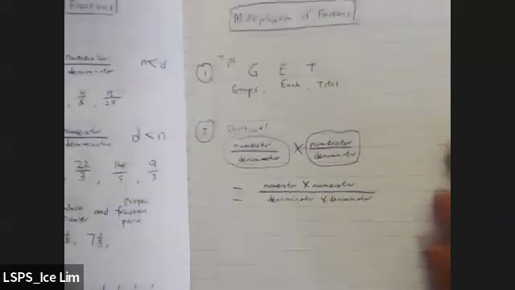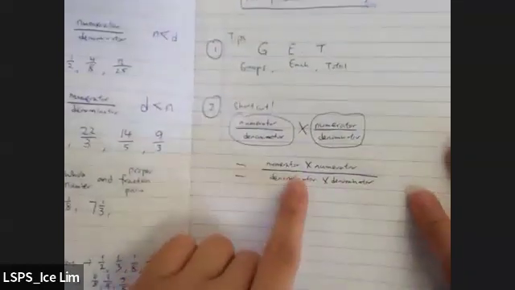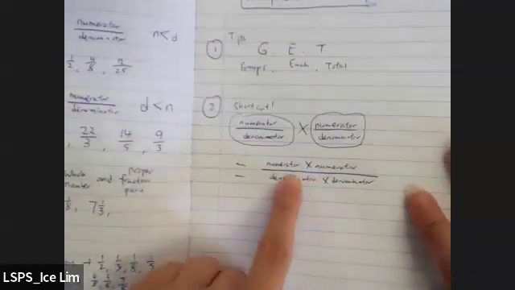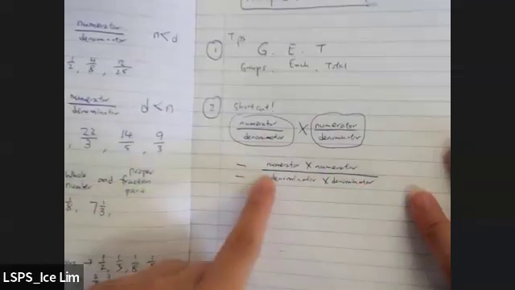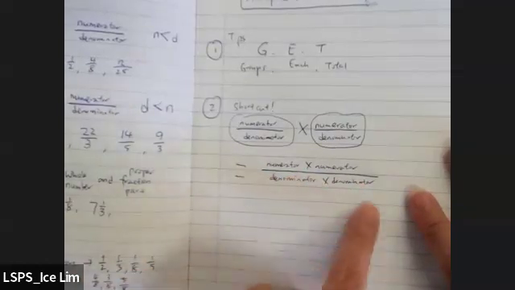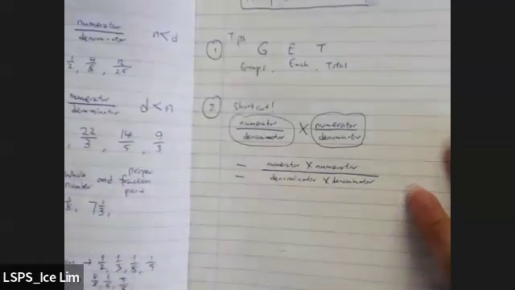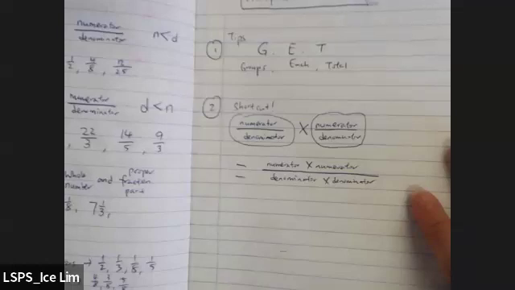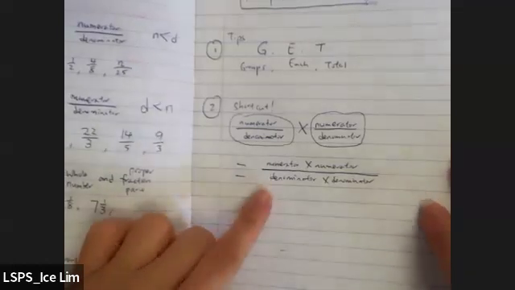So when all else fails for multiplication, remember this: numerators over denominators. Yes. They're just joining in again. It's like a Wi-Fi problem. You turn the Wi-Fi off and on, then you join in again. Okay. Can understand?